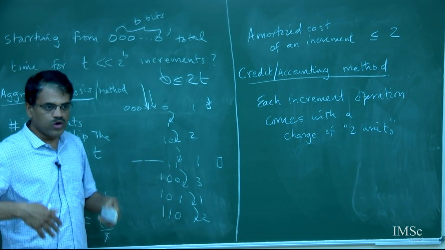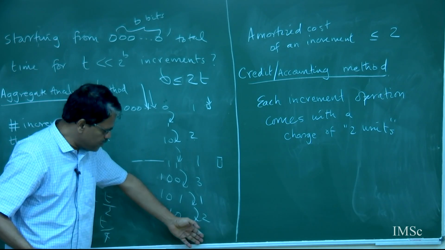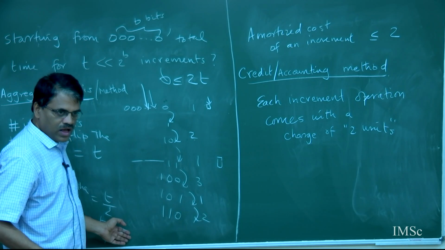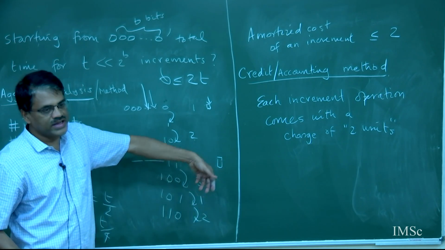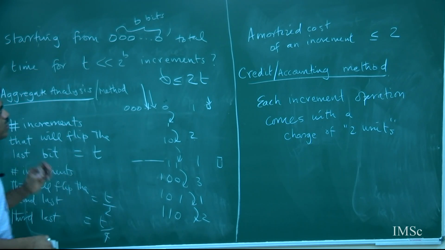Okay, but how do I prove it? How do I prove that if there is an expensive operation that comes, it will have enough in the data structure to pay for it, right? It turns out there is a very simple argument here. Let's look at this code. Every increment operation changes some 1s to 0 and some 0 to 1.